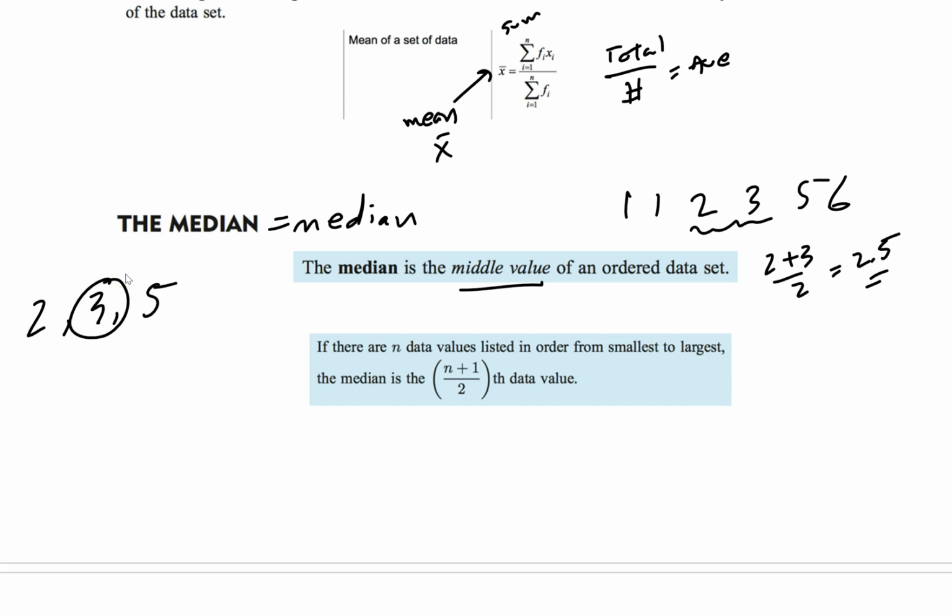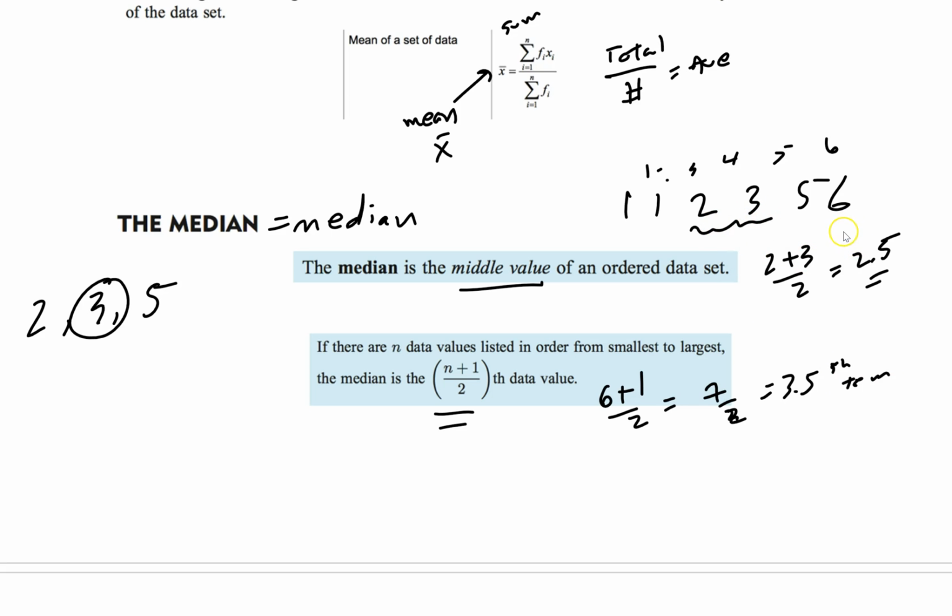Now when the data gets longer, we can use this formula, n plus 1 over 2. All that means is that's not the answer, but that's the term. So over here we had 6 numbers, right? So it'll be 6 plus 1 over 2, so 7 over 2. So that's the 3.5th term, which is in between 3 and 4.